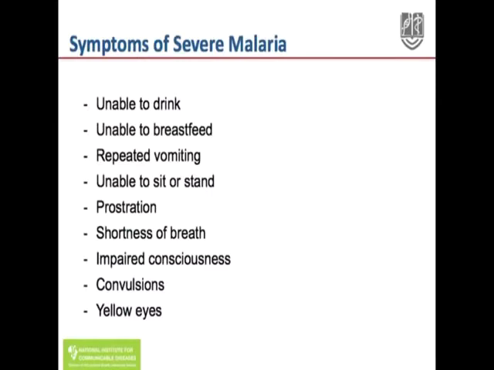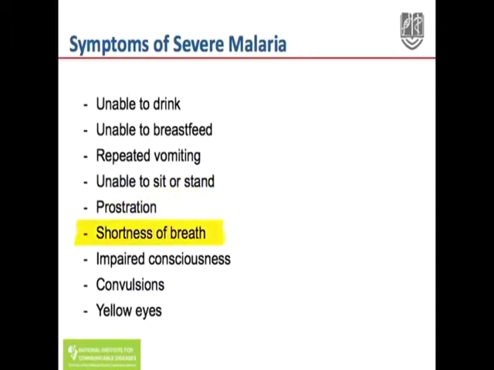The symptoms of severe malaria are particularly important to note because they do impact on the choice of treatment and the urgency with which it needs to be given. So any child or patient who is unable to drink, a young child who is not breastfeeding, repeated vomiting, patient being unable to sit or stand, prostration are particularly important to note.